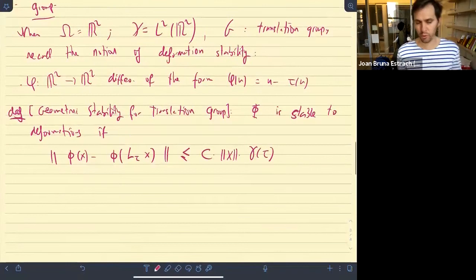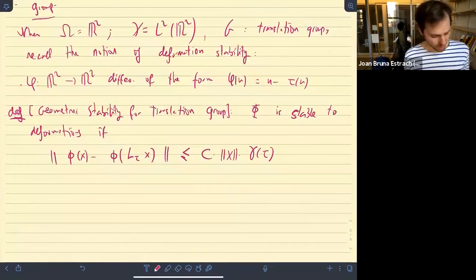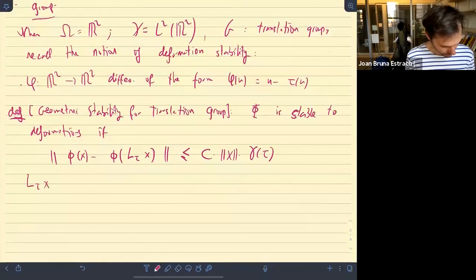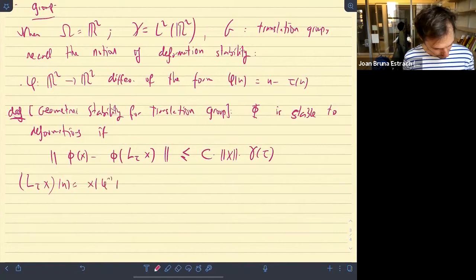And let's try now to recall what these objects are. So L tau of x is the change of variables. Basically, it's just x of u minus tau of u. So this is a warped input.